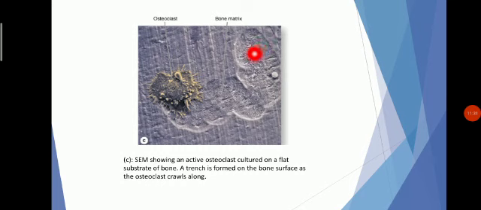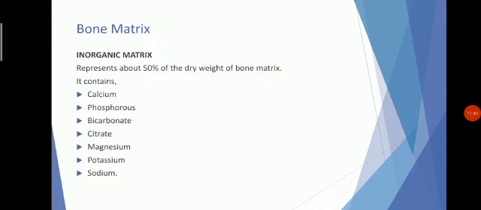A trench is formed, shaped just like a trench. This is a trench depression on the bone surface as the osteoclast crawls along. This one is the osteoclast, which is crawling along the surface of the bone matrix.